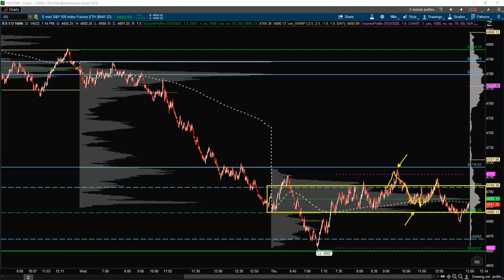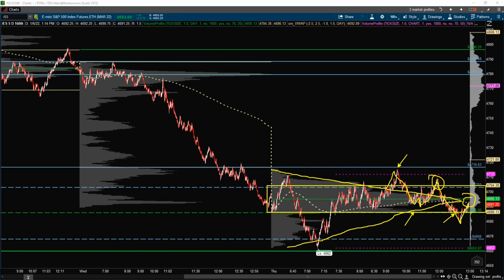And once again, it went above this developing value area high and came back in. So again, we got a look above and fail. And this time it retraced all the way to the developing value area low and then came back in and closed near today's VWAP, the developing VWAP. So that was the price action for today.